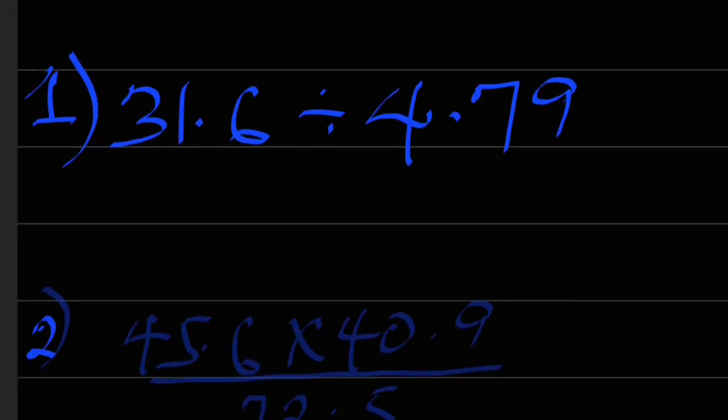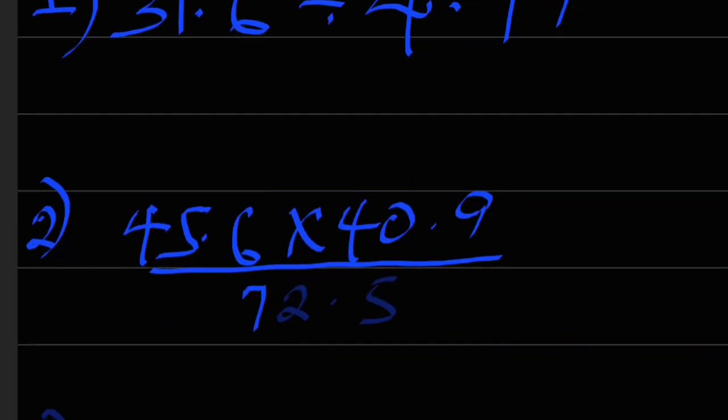Question number 2. Calculate 45.6 times 40.9 all over 72.5.